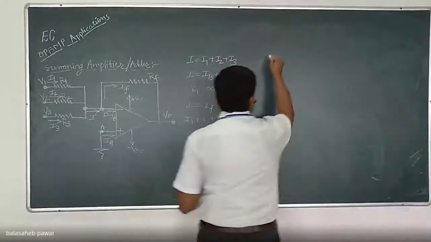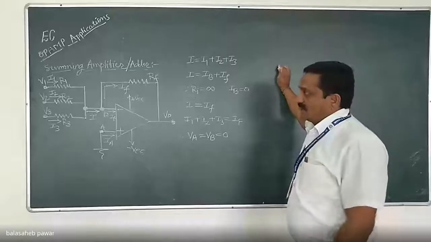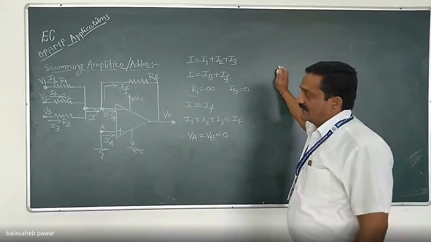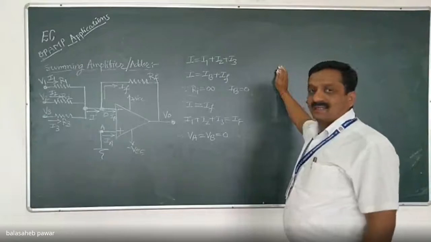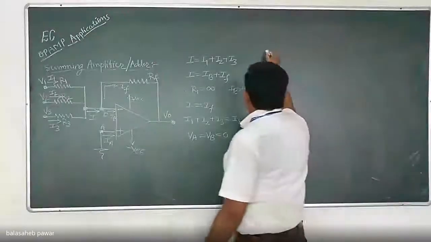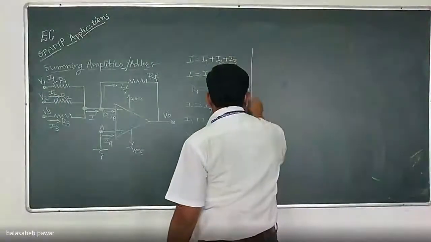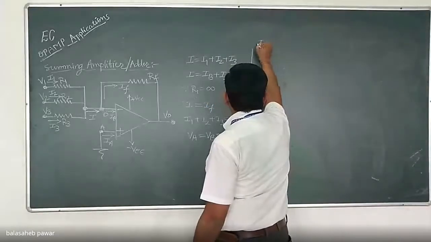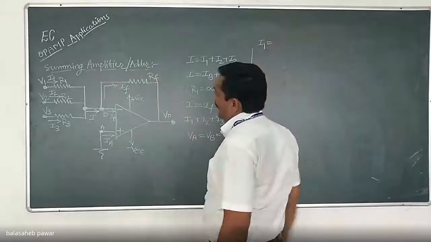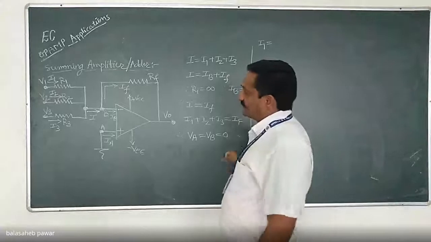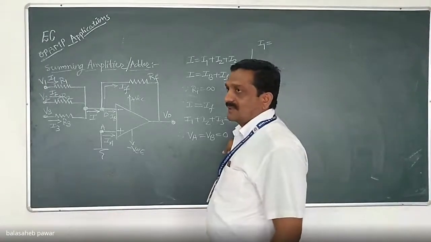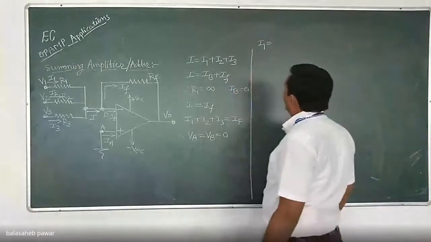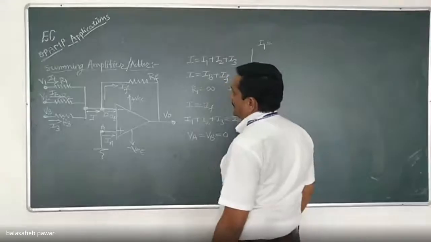What is I1? I1 is nothing but the current flowing from the first voltage source, V1, through its series connected R1. Here you can write the next step as I1 equals, what will be I1? Can anyone say? Such type of analysis we already did in the previous applications.